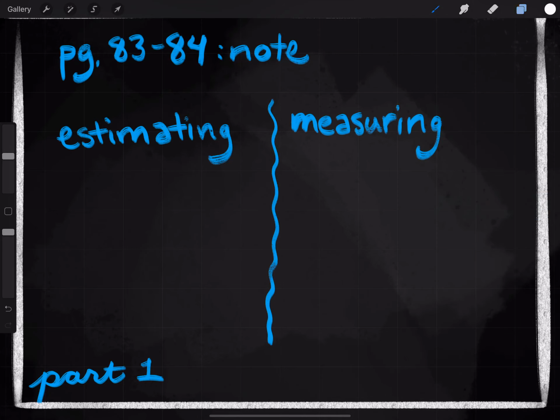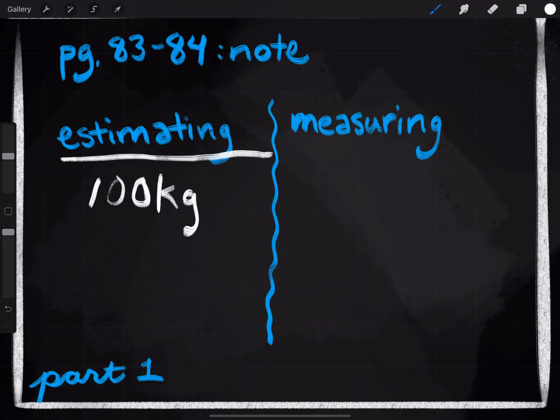They have you estimate how much something probably weighs. So if I said, why don't you estimate how much your bed weighs? And you think your bed is pretty heavy, so you might say, oh, it weighs 100 kilograms. Then they would ask you to actually measure the bed.